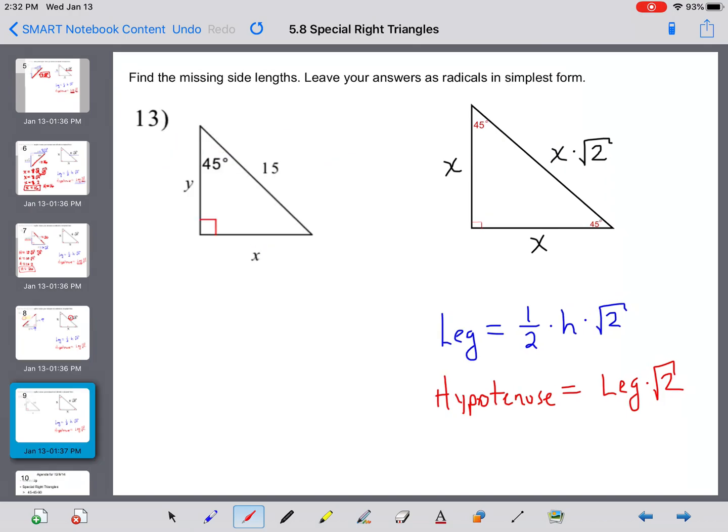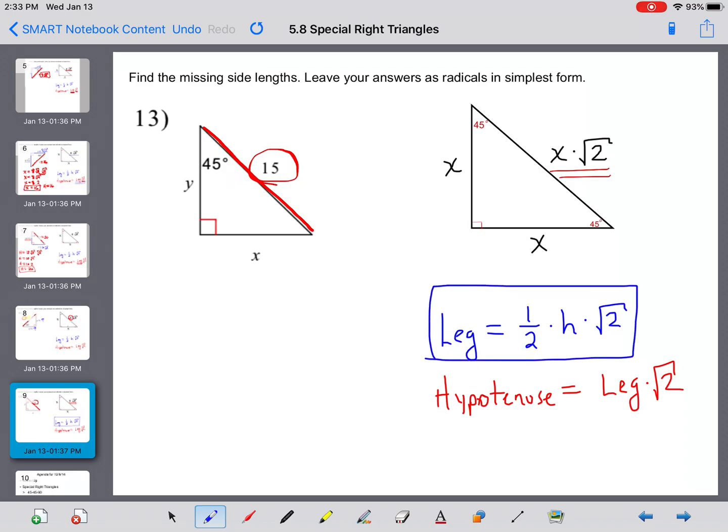Number 13. This time we're given the hypotenuse, but it's not in the form with the square root of 2, so what we used last time doesn't apply here. In order to find the legs, I'm going to use this formula. The leg of the triangle is equal to 1/2 times the hypotenuse h.